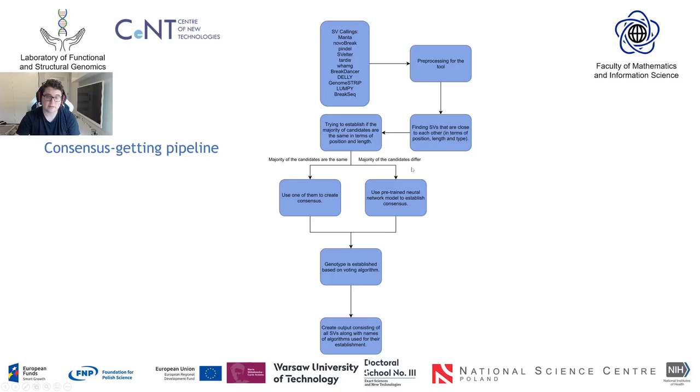However, if the majority of the candidates differ, we use a pre-trained neural network model to establish the consensus. After that, the genotype is established based on a voting algorithm, and we get one unified VCF file with all the SVs, with the names of the algorithms that were used to establish each particular structural variant in the info field.